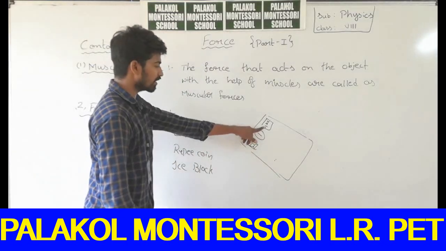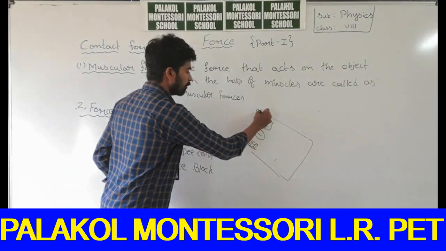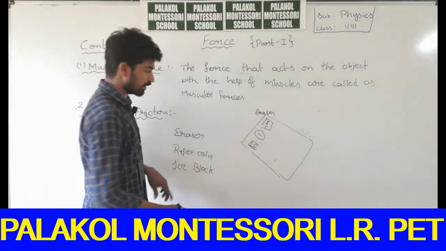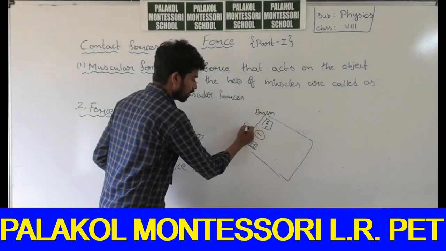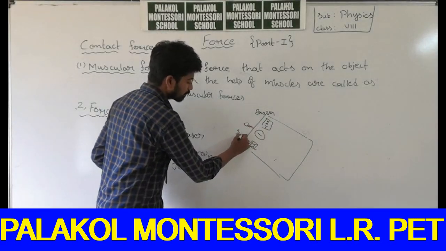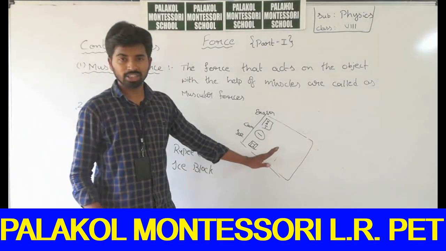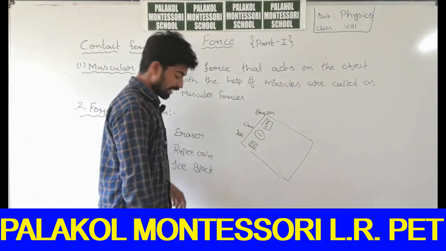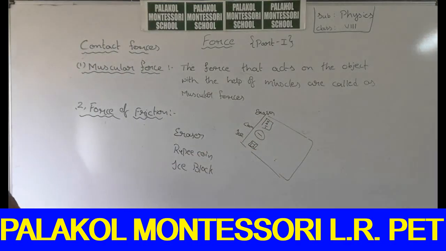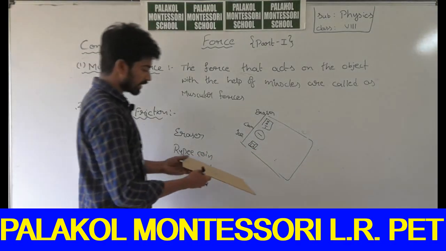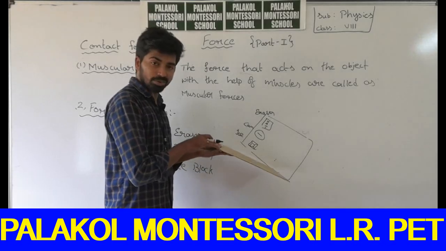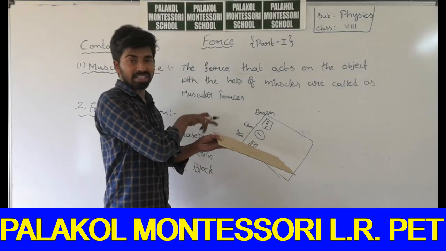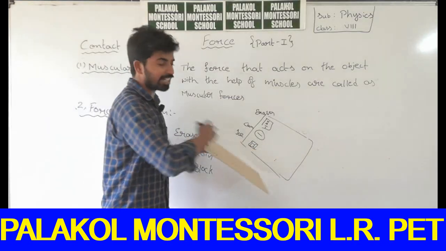So, this is ice, this is eraser, this is 1 rupee coin and this is a small ice block. Place these three objects at the starting position of the tray, place the tray in an inclined position, and release the three objects at once.